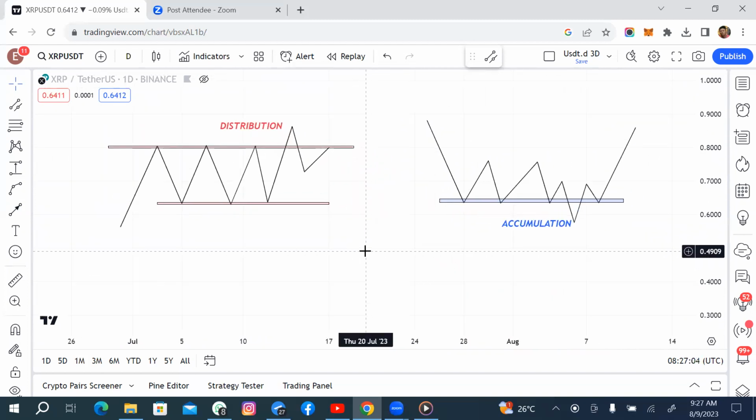Now, one last thing I want to tell you, guys. Don't trade so many strategies. Just focus on one thing and make that strategy work for you. If you trade a strategy today and it doesn't work, it doesn't mean that strategy is bad. It just means that the market wasn't in your favor.